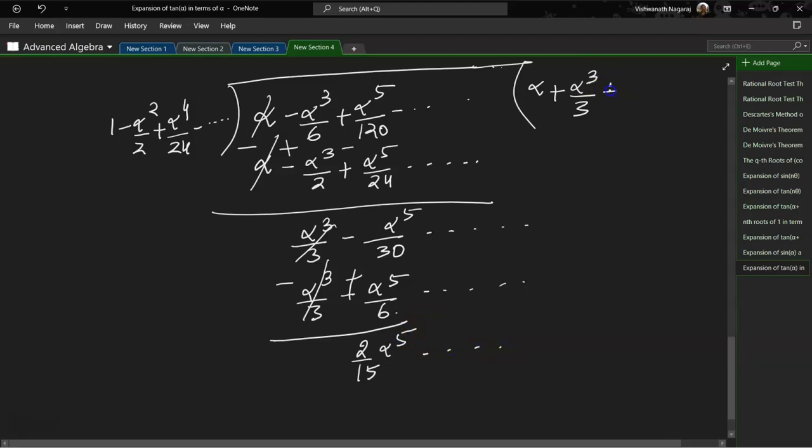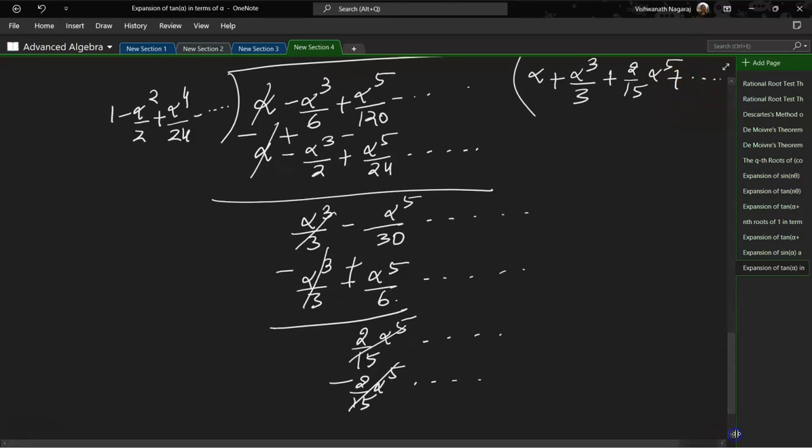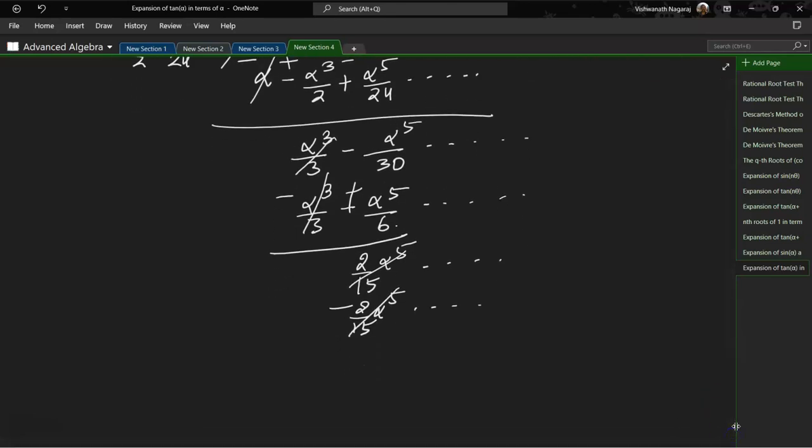Again let's multiply 2 by 15 alpha 5, 2 by 15 alpha 5 dot. So this gets cancelled. If you want to proceed, we need to add a few more terms. Okay, so we'll just put it as dot. So our result is the same.